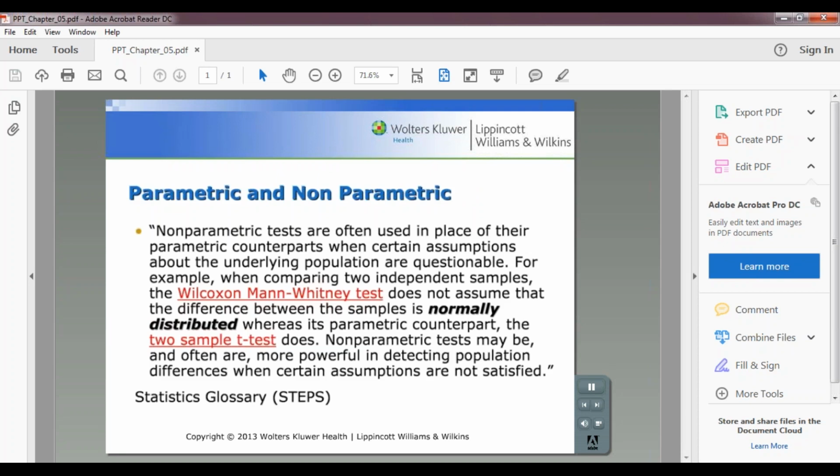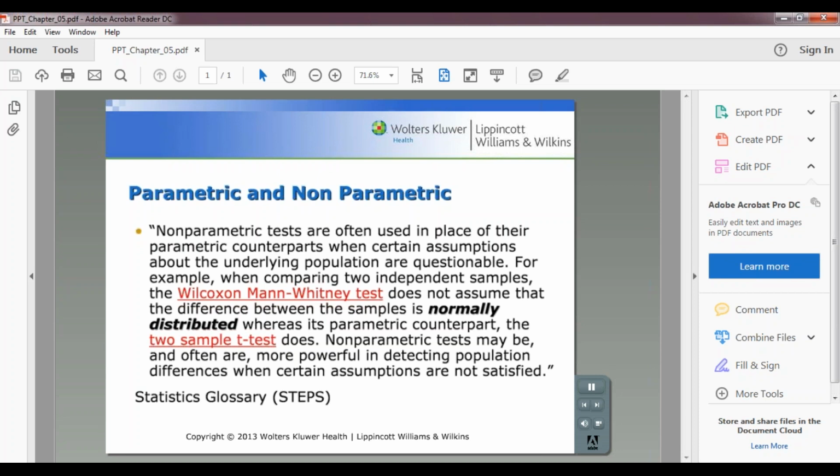So I included this. There's a little bit of a description in the text, and I always like to go to the statistics glossary. Remember, like I always said, it's important to understand terminology before gaining a greater conceptual understanding of what's being taught. Non-parametric tests are used in place of their parametric counterparts when certain assumptions about the underlying population are questionable.